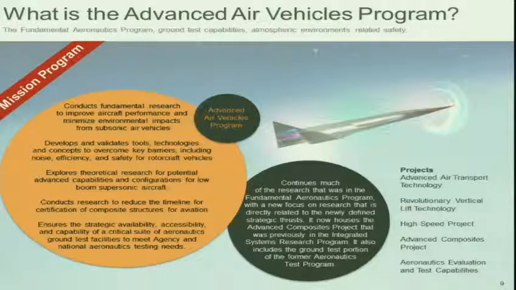What we've decided to do, and this gets to the third point that Bob mentioned on the drivers that motivated some of the restructuring, is integrate that in with the research. And so this project that you see here, the Aeronautics Evaluation and Test Capabilities, is really where you see a bulk of what was the ground test element of that ATP program.